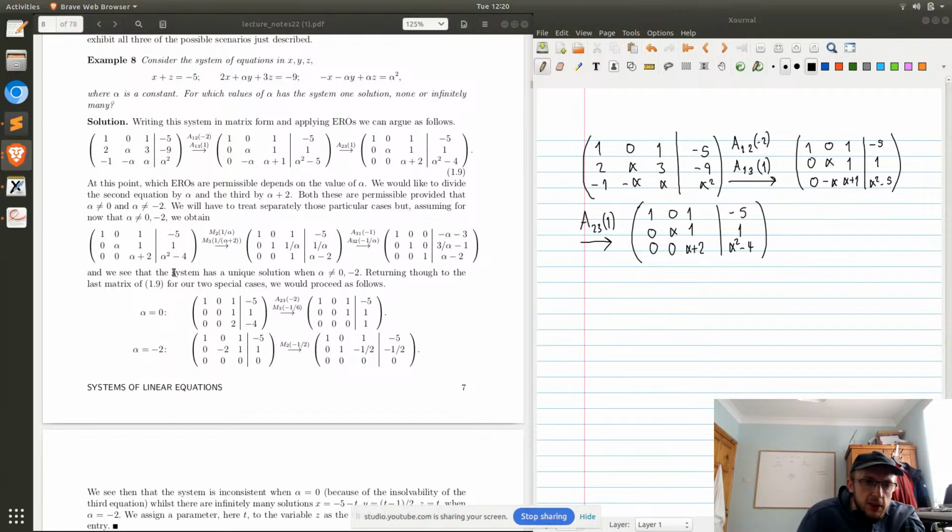We can see that the matrix has a unique solution when alpha is neither 0 nor negative 2. Returning through to the last matrix of 1.9, which is this one here.